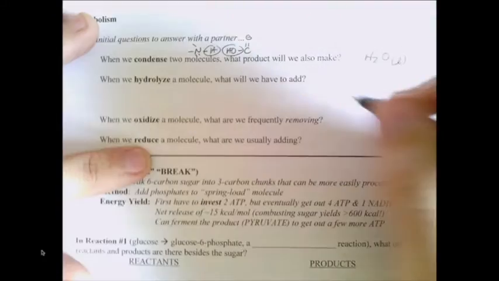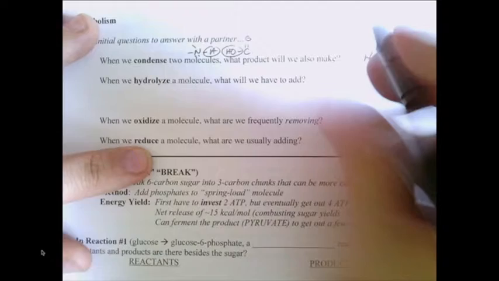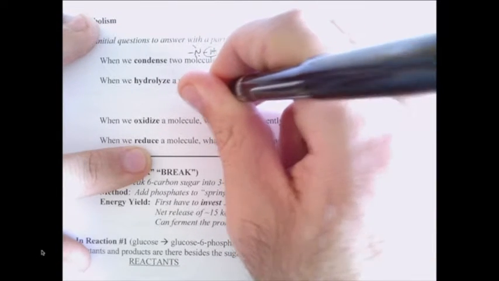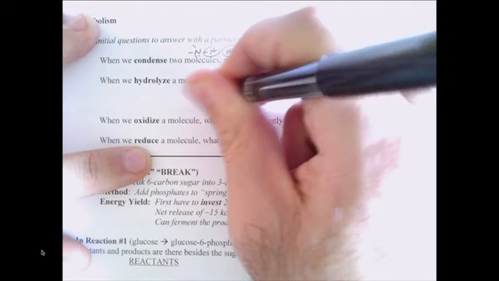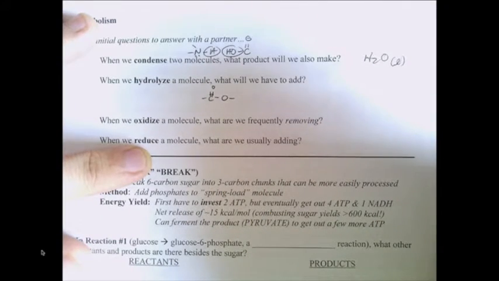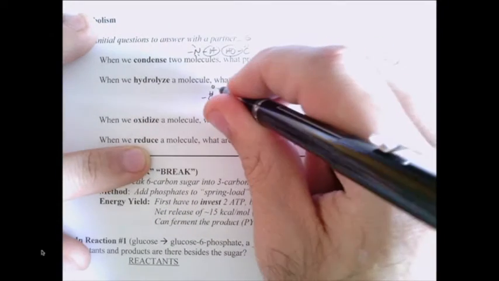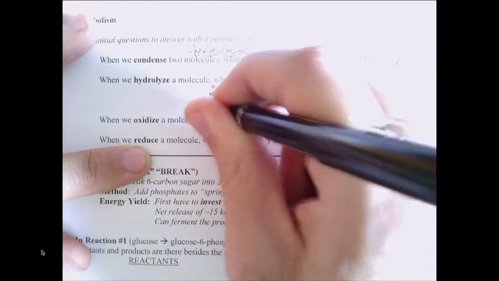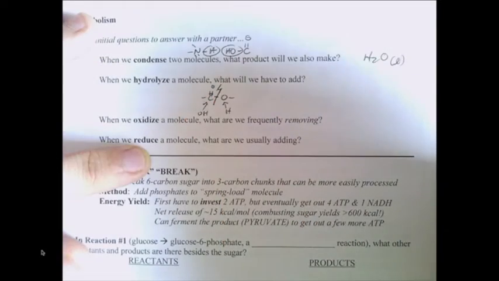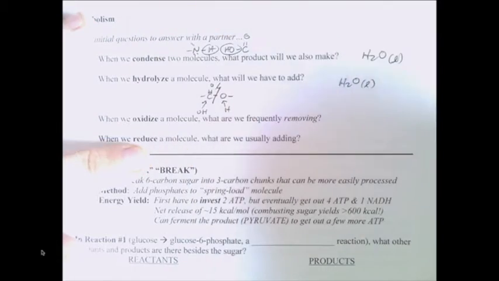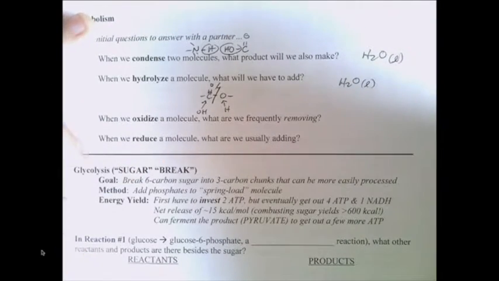And by the same token, if I want to go the other way and I want to hydrolyze, let's say, an ester linkage, which we'll have to do in order to break down fats into glycerol and the fatty acids, I'm going to break this bond right here. I'm going to stick an H on that side and an OH on that side and make my new products. So again, I'm going to be consuming liquid water in that case.